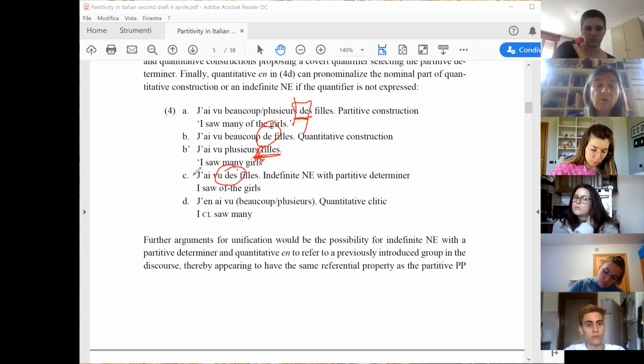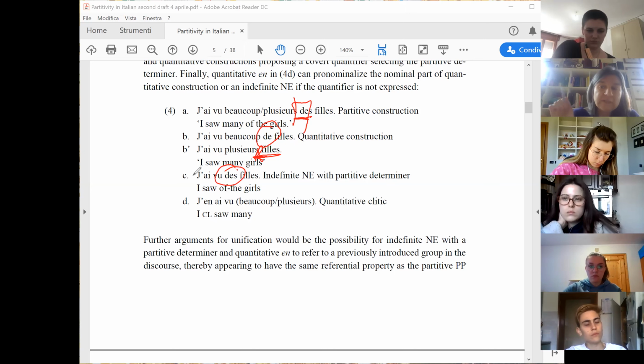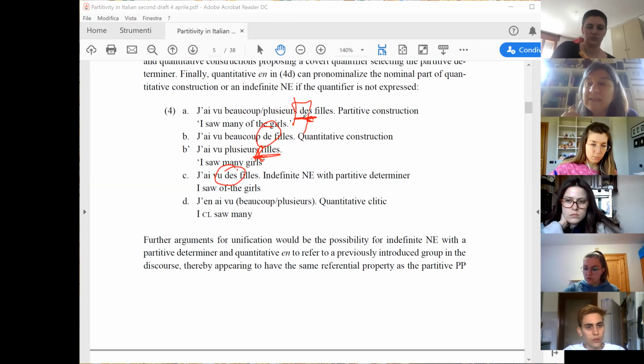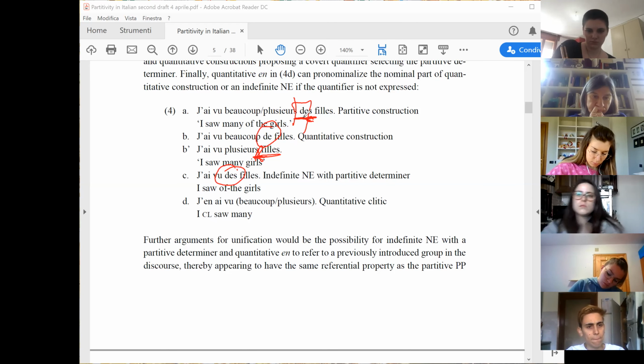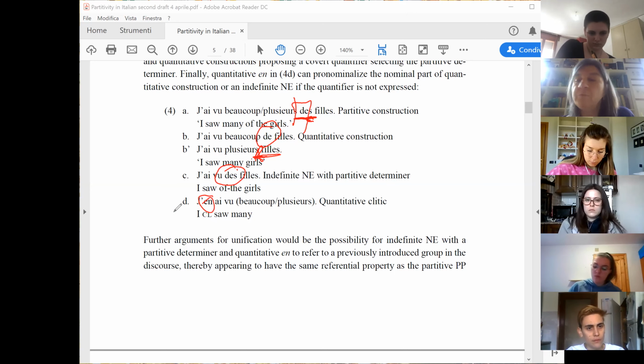In French, you can only say j'ai vu des filles. And that de has the S, which looks like the definite article. So it's the same inflection as up here, but it can be totally indefinite, okay? And then je n'ai vu beaucoup, je n'ai vu plusieurs is exactly like Italian.